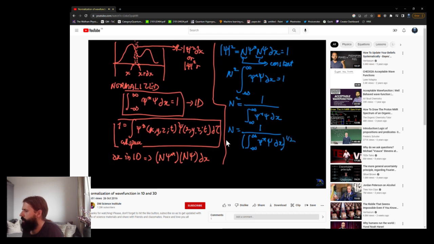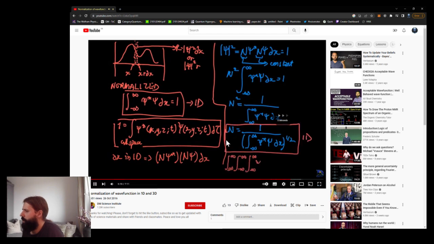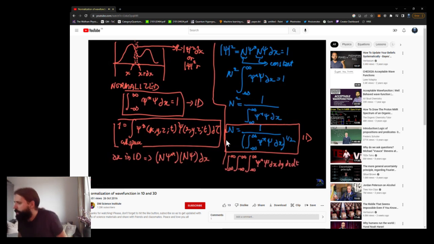So N will be determined in order to normalize the wave function. Okay, so it's just the 3-dimensional system over here. Now this particular segment or coordinates are all equal to tau. And once you're able to solve this for 3 dimensions, then you can apply that for 3 dimensions.